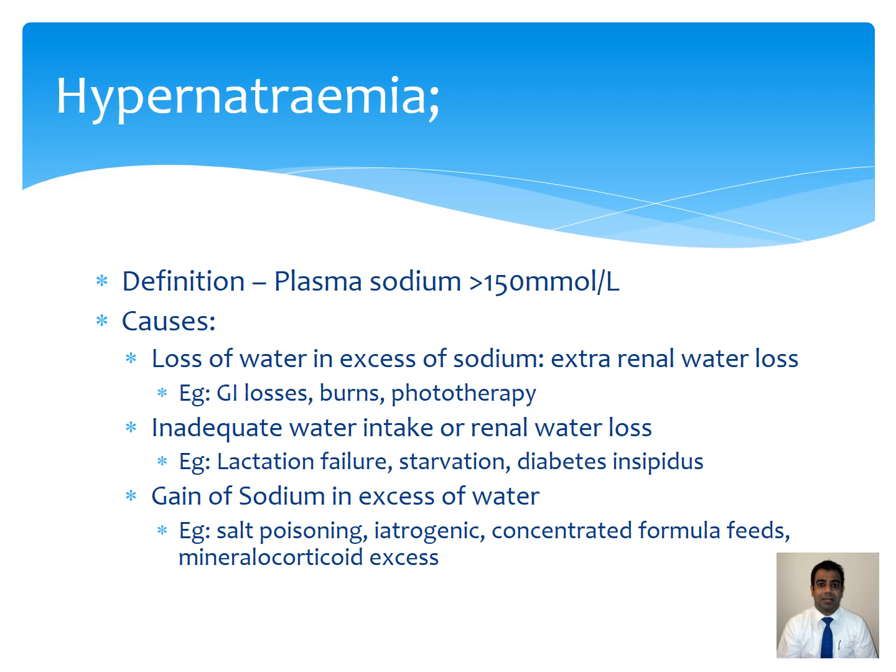This can occur with lactation failure, with starvation, and renal water loss occurs with the condition known as diabetes insipidus, which is basically the inability of the kidneys to respond to antidiuretic hormone. So these patients present with severe polyuria, and they cannot concentrate their urine. So these patients have quite severe and recurrent hypernatremia.